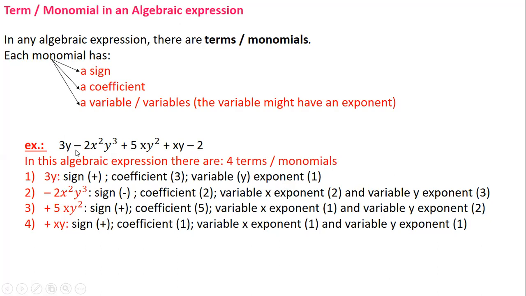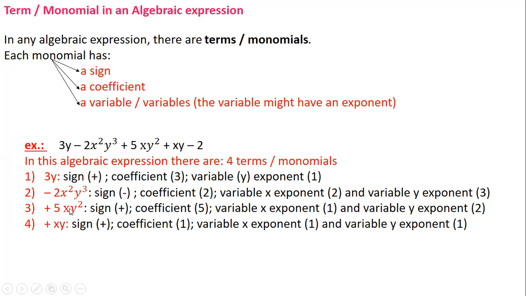Let me talk about the second monomial, minus 2x squared y cubed. The sign is minus, the coefficient is 2. Here I have two variables. I have x and y. The exponent of x is 2 and the exponent of y is 3. Now plus 5xy squared. The sign is positive. The coefficient is 5.